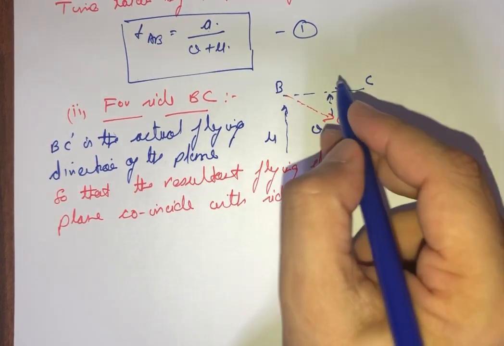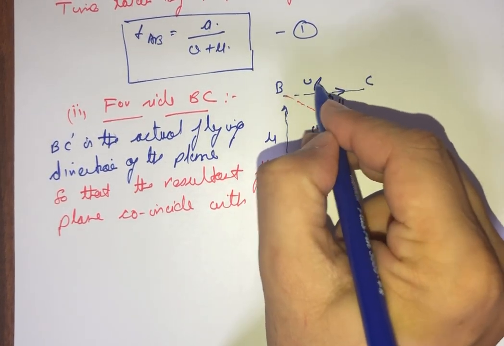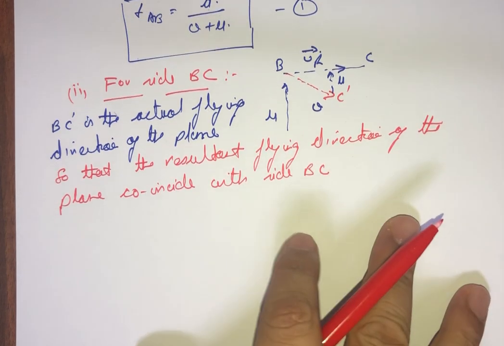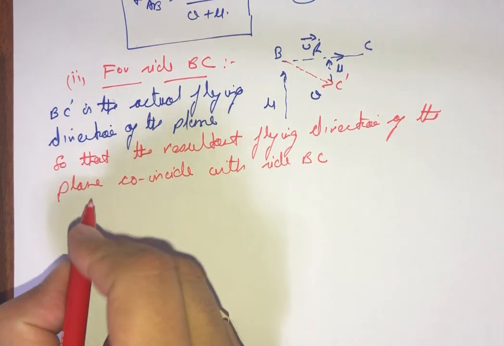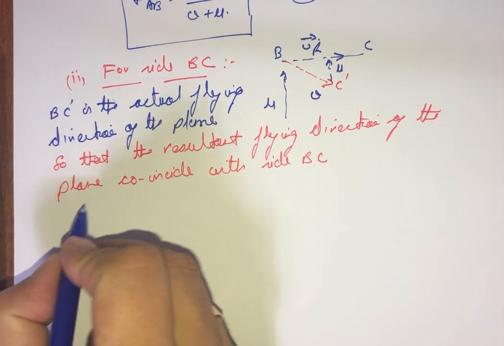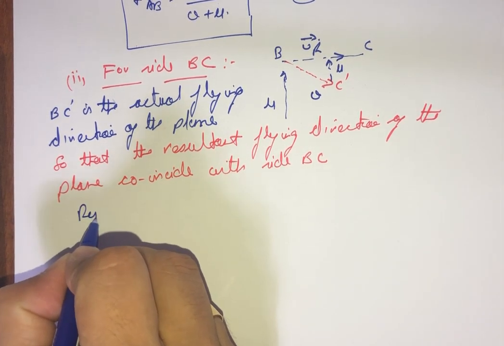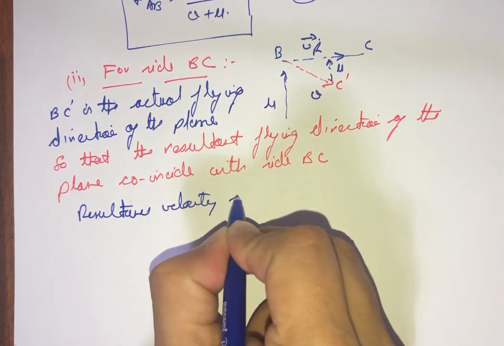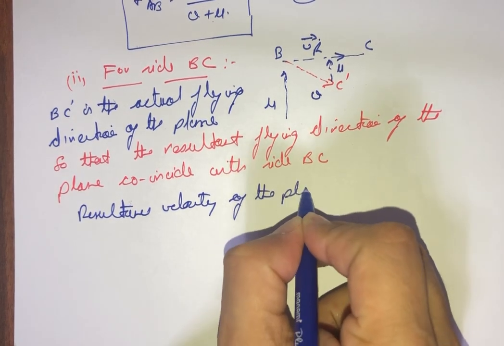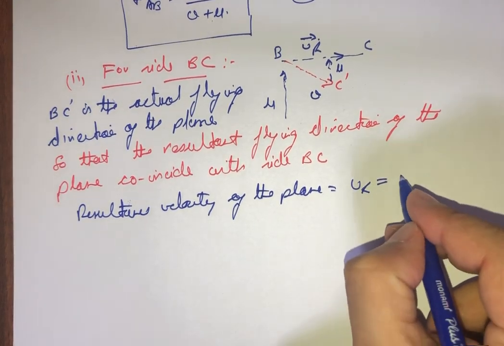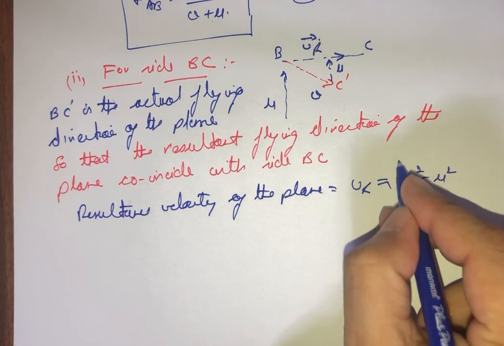Let us call this VR, the resultant velocity of the plane. VR will be equal to the square root of V square minus u square.